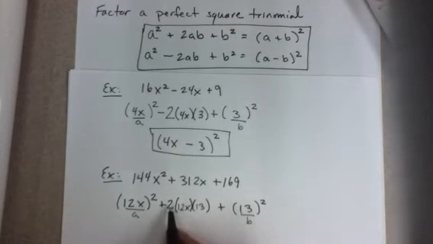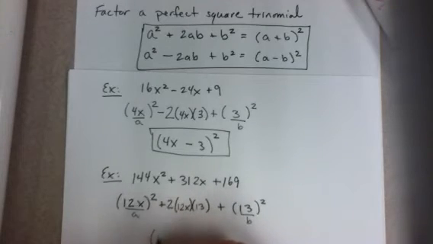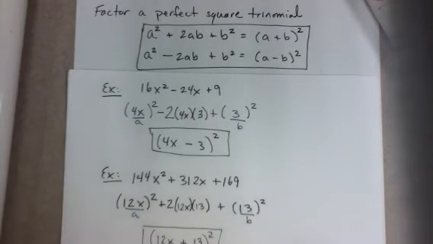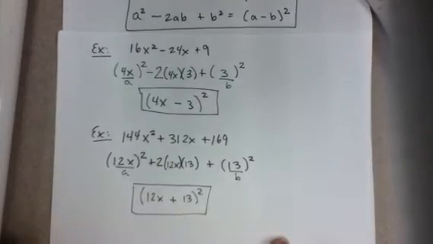Okay, well, you can check 12 times 13 times 2 is indeed 312. So this is a match, meaning my final factored form is simply a, in this case plus, it always matches the first sign, and then b, 13 squared. So there's another factored perfect square trinomial using the formula.